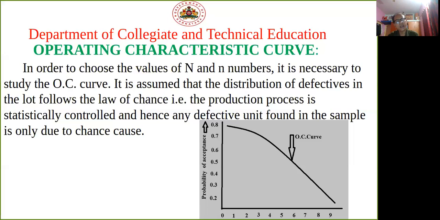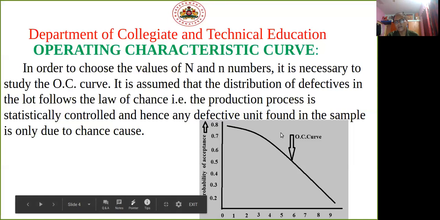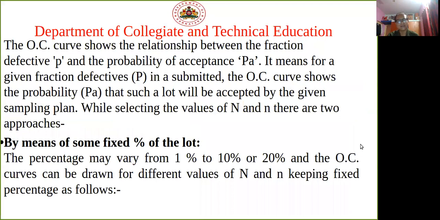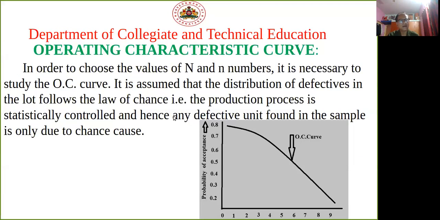That's why, when you see the operating characteristics curve, you can see on the y-axis the curve indicated by an arrow, which is called an OC curve. This OC curve has been drawn by taking certain parameters: the probability of acceptance on the vertical axis, and the quality of the incoming raw material.